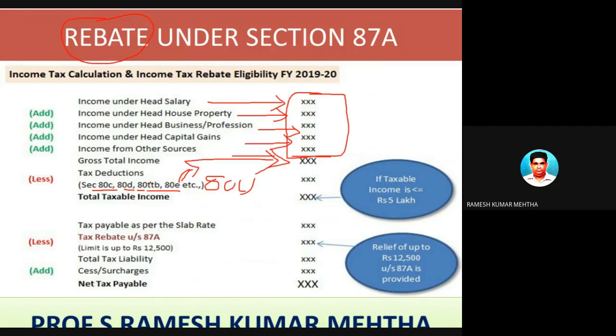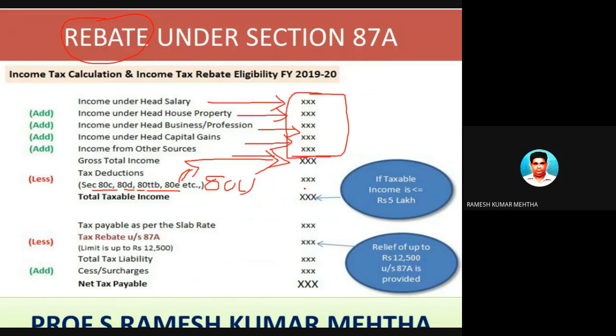So after gross total income, you deduct whatever is the amount invested or eligible under section 80C, 80CCC, 80CCD, 80D, 80DD, 80E, and so on up to 80U.